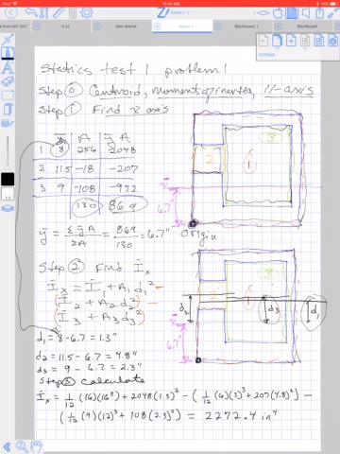So 8 minus 6.7, 11 and a half minus 6.7, 9 minus 6.7, and now I have my D1, my D2, and my D3. Step 3 then is to just do the math. 1/12 bh cubed plus AD squared, minus the quantity 1/12 bh cubed plus AD squared, minus the quantity 1/12 bh cubed plus AD squared, and you get 2,272.4 inches to the fourth.